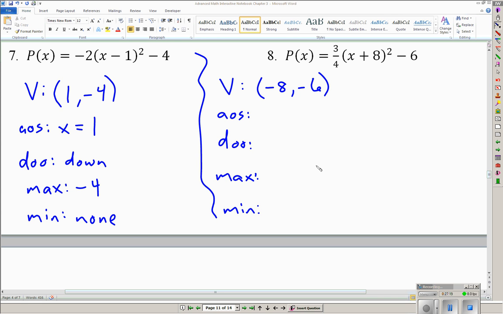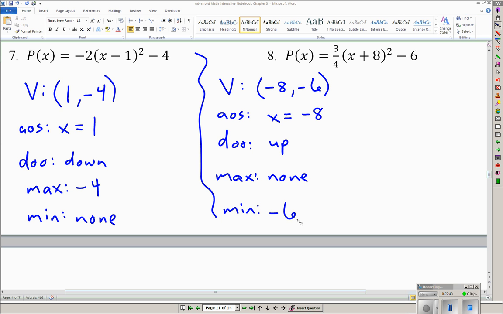Axis of symmetry, x equals h, so x equals negative 8. Direction of opening, a is positive, so it opens up. Since it opens up, it has a minimum value, so there is no maximum. And the minimum value is negative 6.